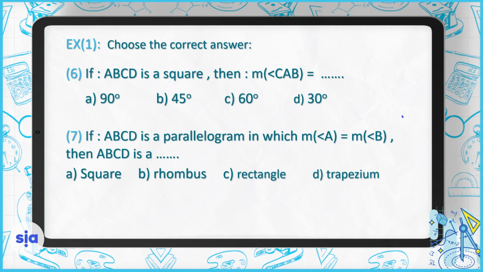If you draw this square and name it ABCD, so here is angle CAB. So this angle we know is 45 degrees. Question 7. If ABCD is a parallelogram in which the measure of angle A is equal to the measure of angle B, and here angles A and B are two angles beside each other, then ABCD is a rectangle.